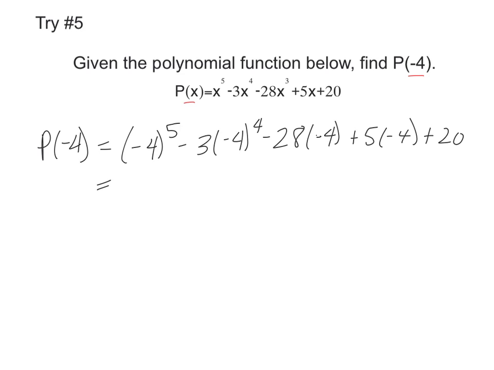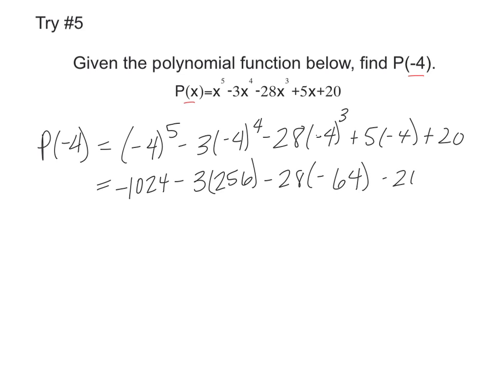is going to be negative 1024, minus 3 times 256. And this one is cubed, I almost forgot that. So minus 28 times negative, I believe that should be 64, but let me check. Yep, 64. Minus 20 plus 20. Now that negative 20 and plus 20 at the end are going to cancel, so we're going to ignore that. So keep going.